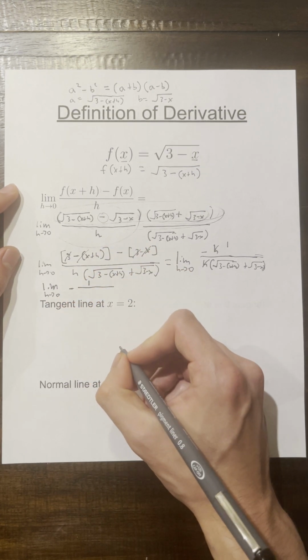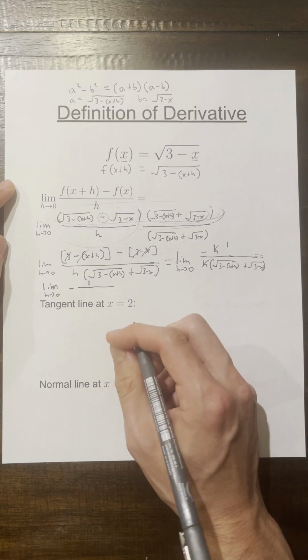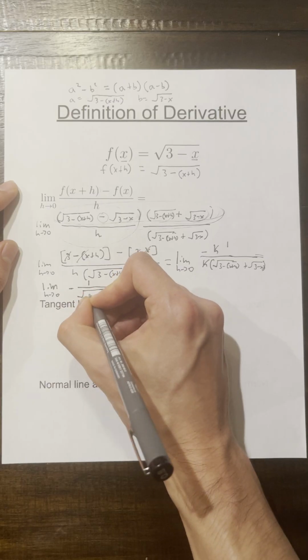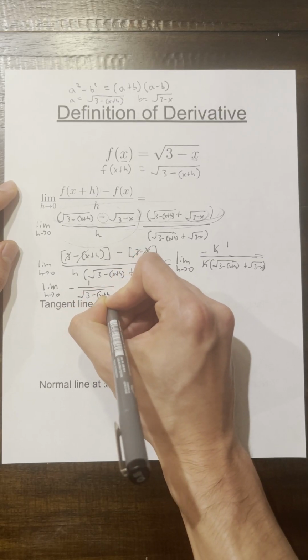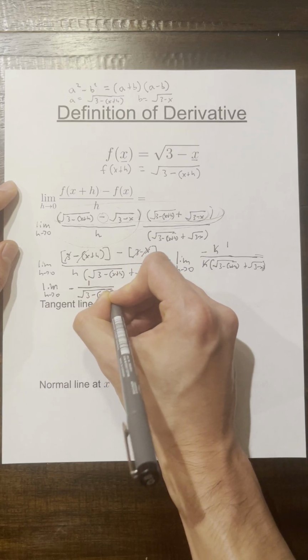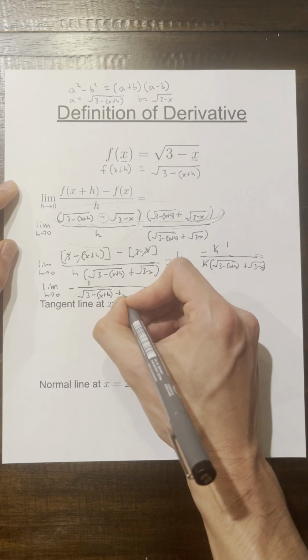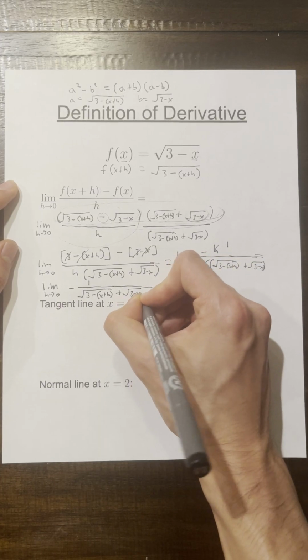Negative 1 over square root of 3 minus x plus h plus square root of 3 minus x.